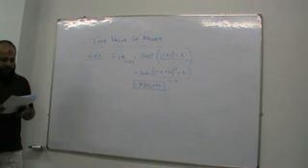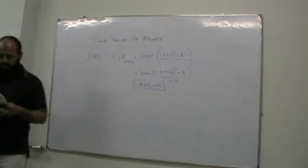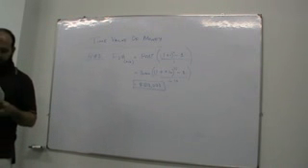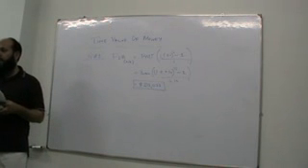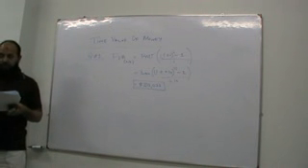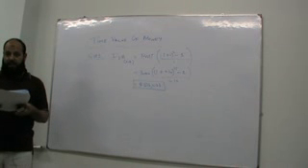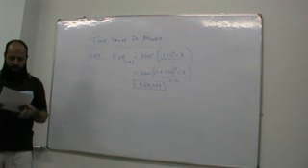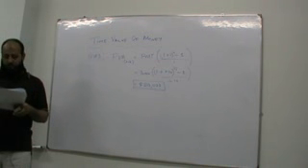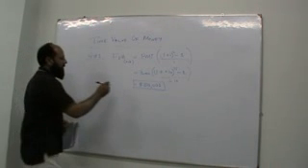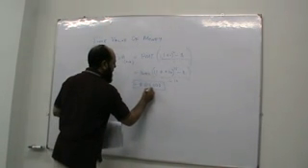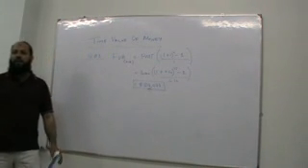Now the second part says that she plans to retire 35 years from today when she turns 65, and she expects to live for 30 years after retirement to age 95. So now 30 more years she is expecting to live. She is interested in knowing what will be the amount she can withdraw at the end of each year. So again, this amount will be the amount she will have at the time of retirement.